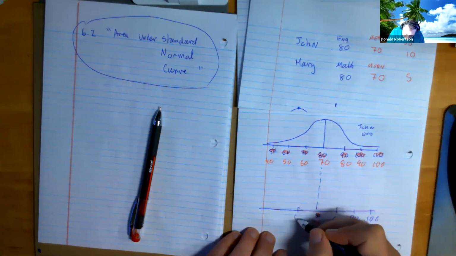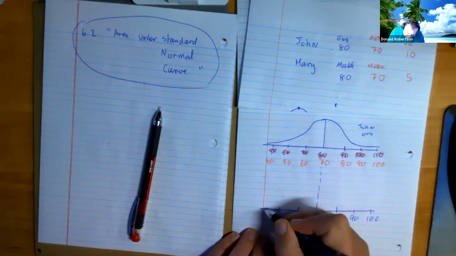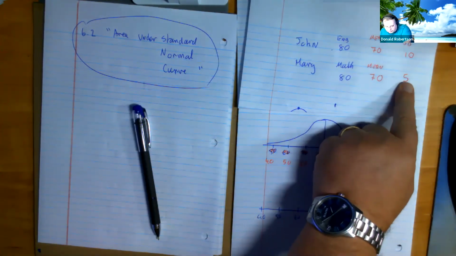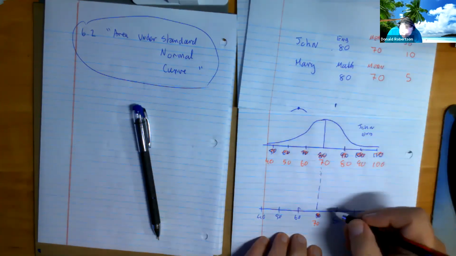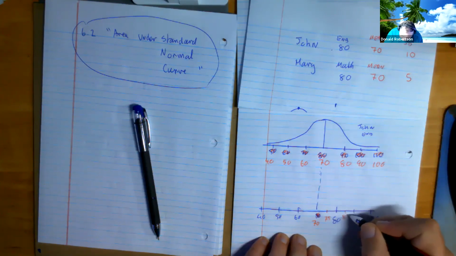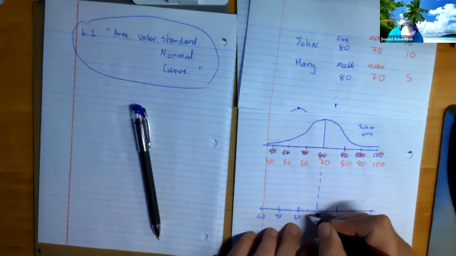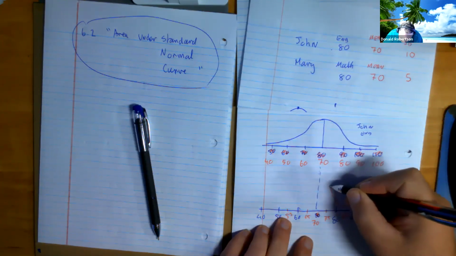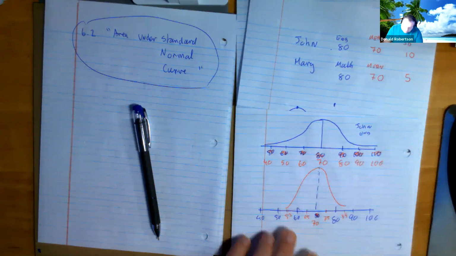And then going back, I'll put 60 here, 50 here, 40 here. But there's going to be a difference, because their standard deviation is 5: 75, 85, 65, and 55. Do you see that this data looks like that?